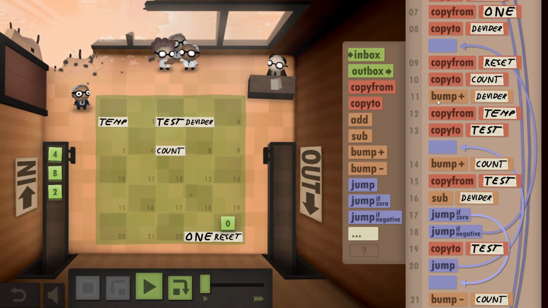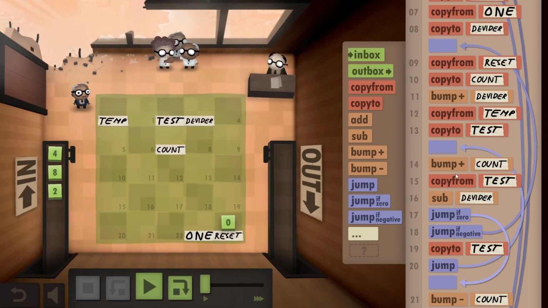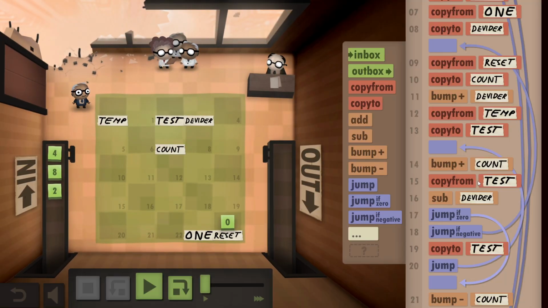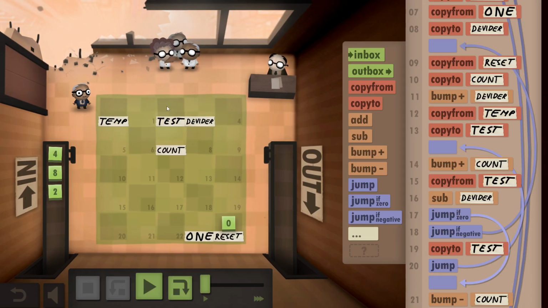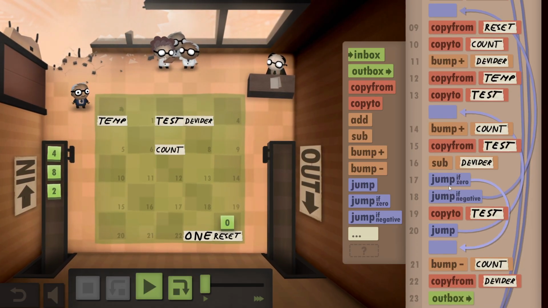So copy from reset, copy bump to bump count. Okay, so we do bump it first. Copy from test. Subdivider. So this is checking if they are the same, right? When it's 0, we do.